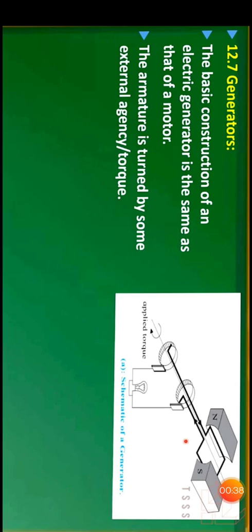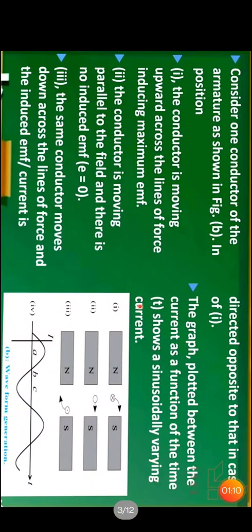As the conductor wire cuts across the magnetic lines of force, an induced EMF, that is E is equal to B L v, is produced across the terminals of the commutator, which is proportional to omega, the speed of rotation of the armature. In the first position, the conductor is moved upward across the lines of force and induces maximum EMF.